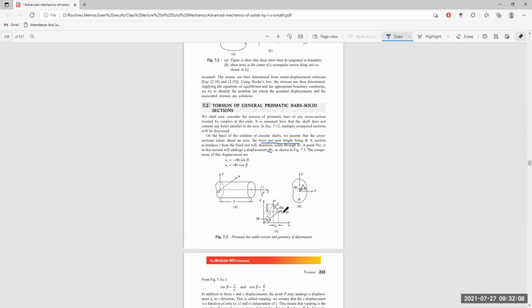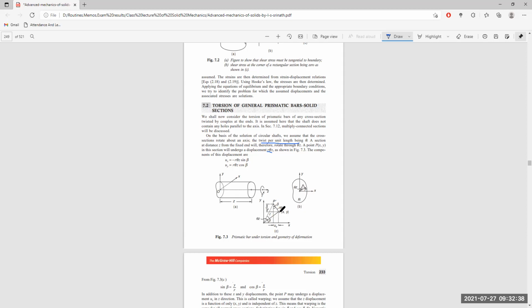Due to the deformation, point P is moved to point P dash, and the degree of deformation is r theta z, multiplied by r, the radius over the surface. If we divide here, it will be equal to r theta.